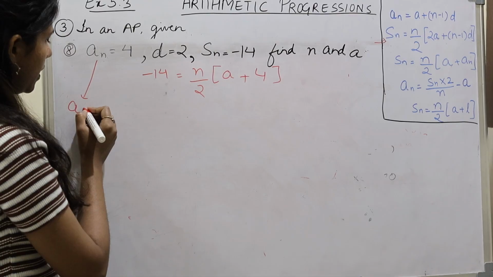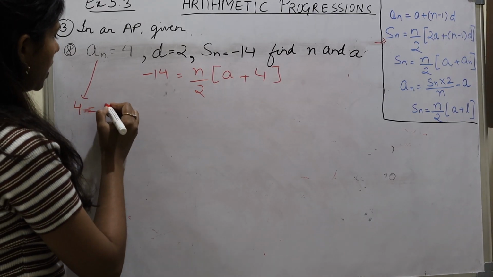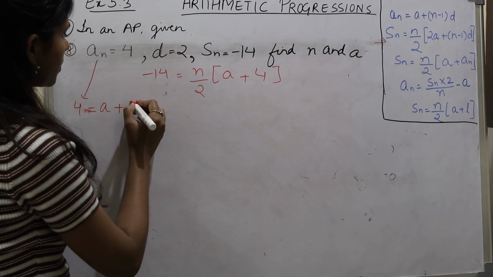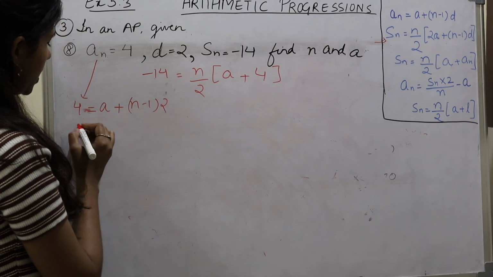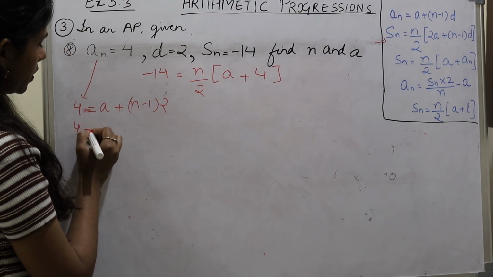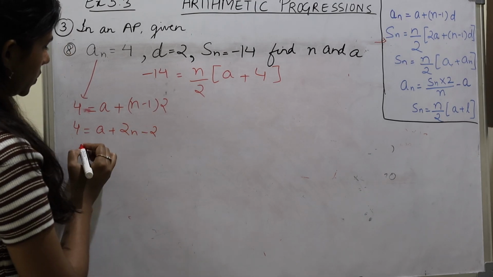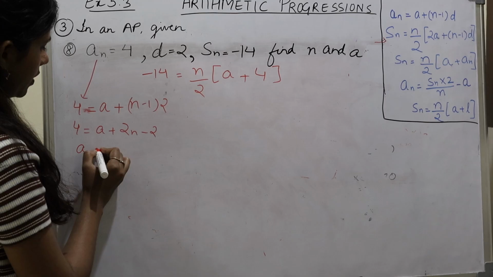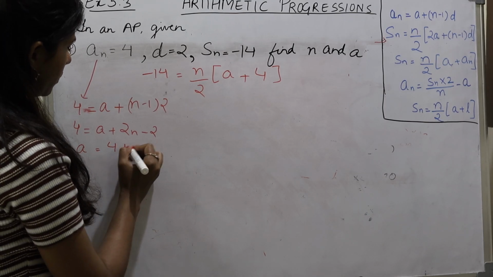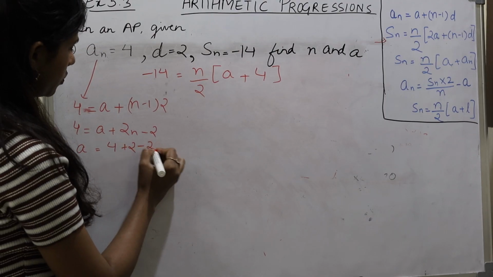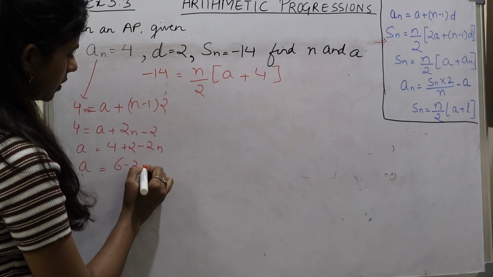So an means 4 equal to a plus n minus 1 d, 2. Okay, which will be 4 equal to a plus 2n minus 2. Okay, a equal to 4 minus 4 plus 2 minus 2n. So a equal to 6 minus 2n.